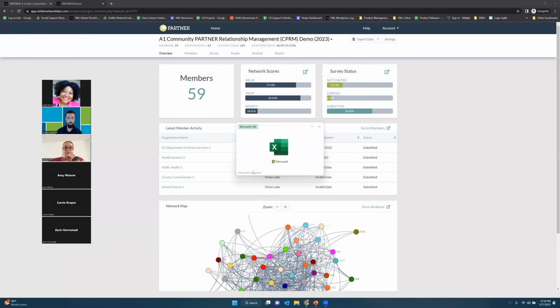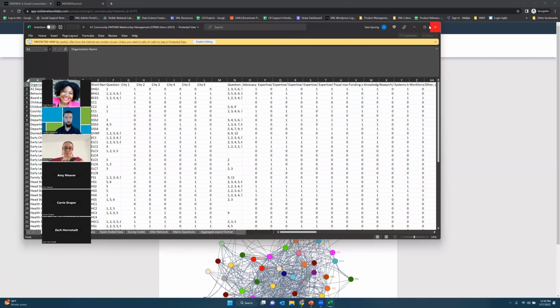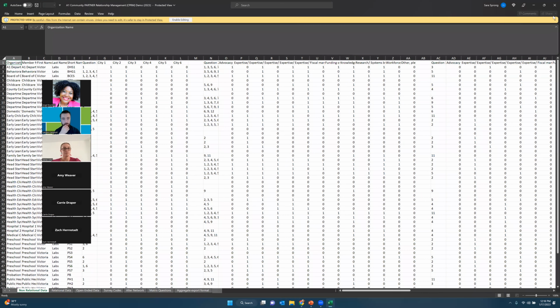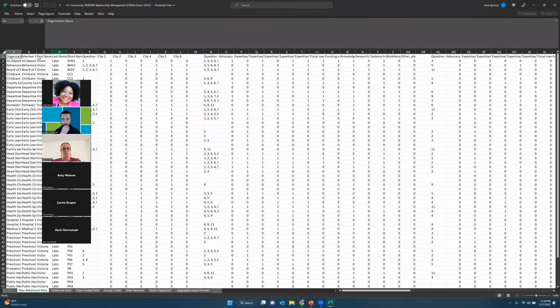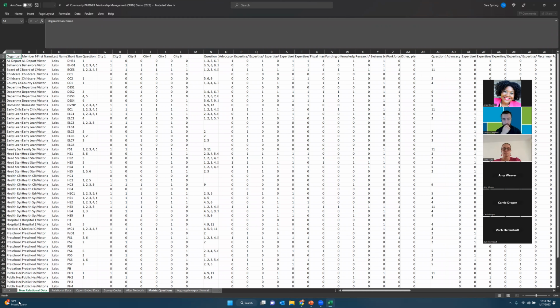So when you download the raw data, let me just quickly walk through these tabs. And for those who dream about numbers, feel free to ping us after, because there's so much you can do with this raw data that we would love to dive in with you and explore. Your non-relational data is any question that was asked, like single choice or multiple choice.